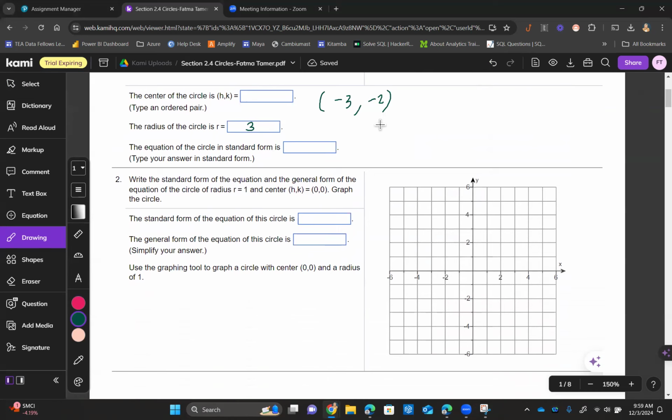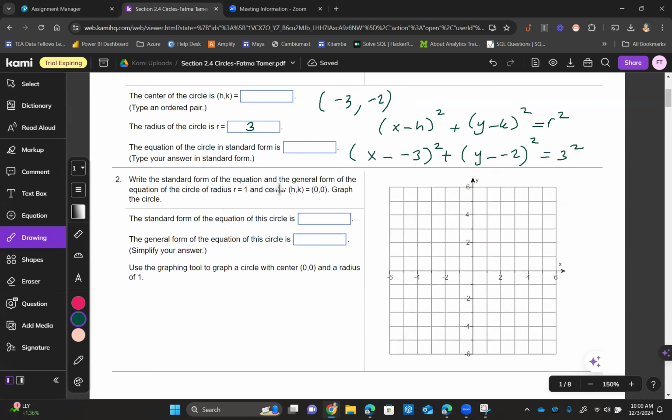Let's put in the formula. The formula we need is x minus h squared plus y minus k squared is equal to r squared. This is called the standard form of a circle. When I customize this formula for this given condition, the equation starts with x minus h, where the h value is -3, y minus k, where the k value is -2, plus, and it is equal to r, which is 3 squared.